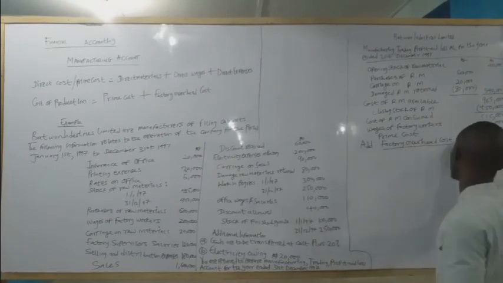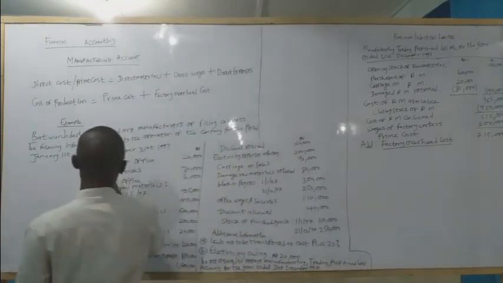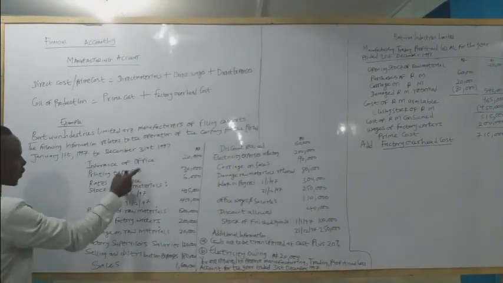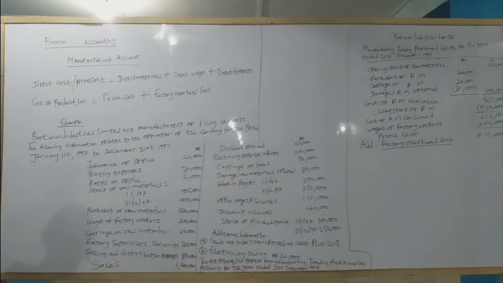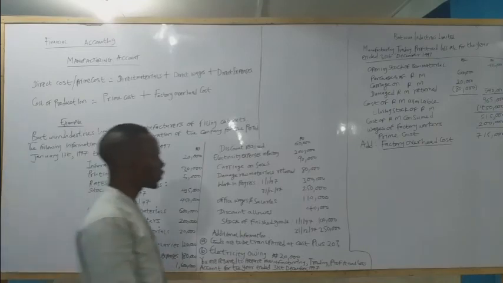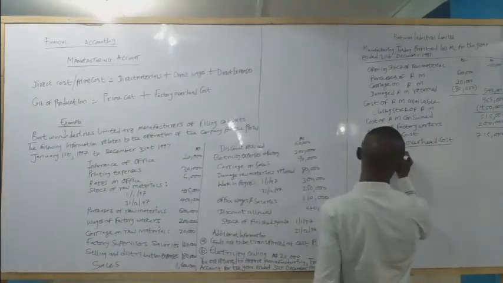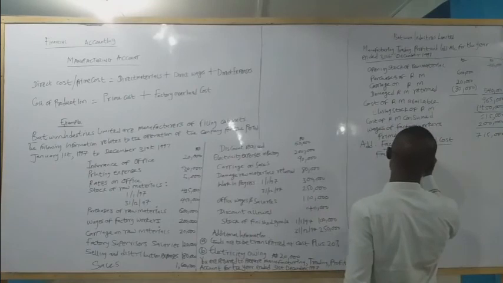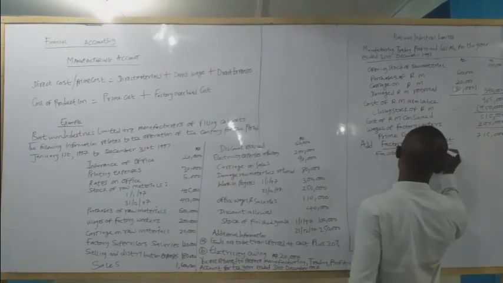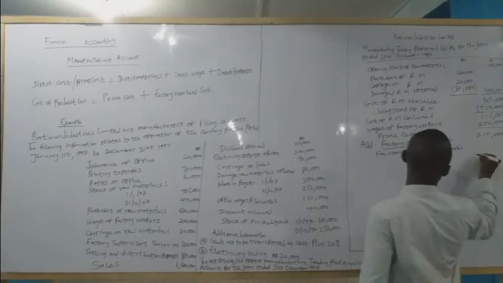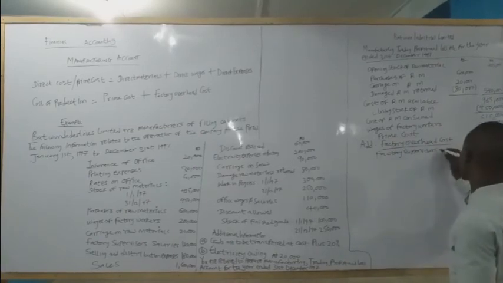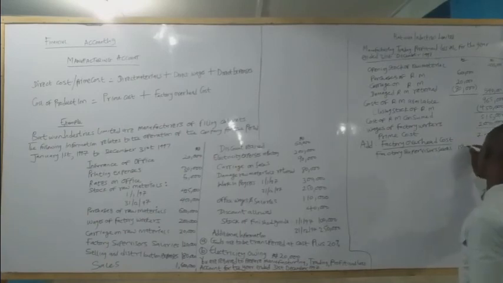Factory overhead cost, which are, then you list there: insurance of office is not due to the factory, printing expenses, rates on office, purchase of raw material, we've done that, wages, carriage of raw materials, we've used that. Factory supervisor salary is 150,000.